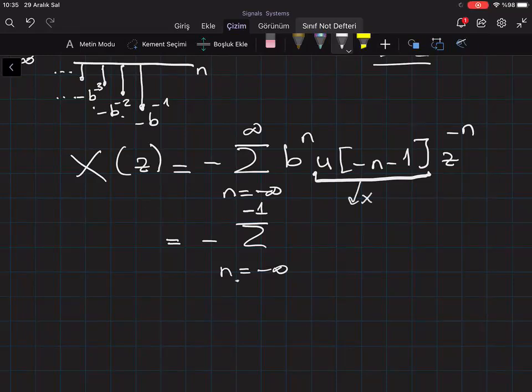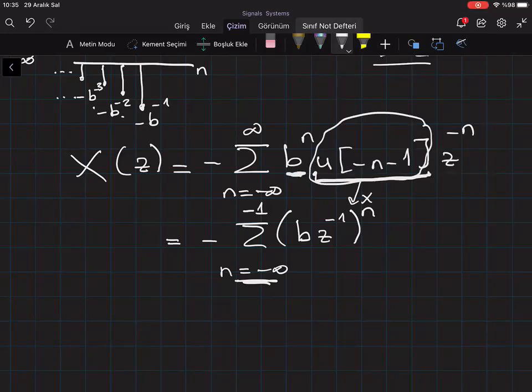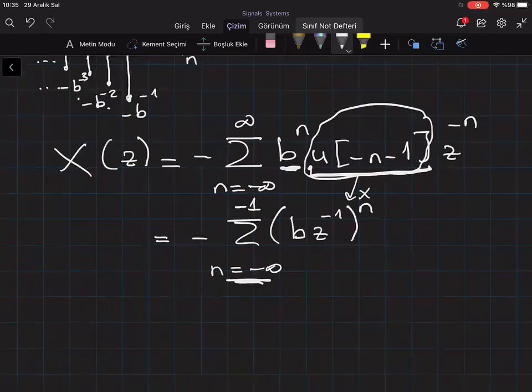Because it is already in my formulation. B z to the power minus 1, to the power n. Now I got rid of this part. I put b to the power n, z to the power minus n.